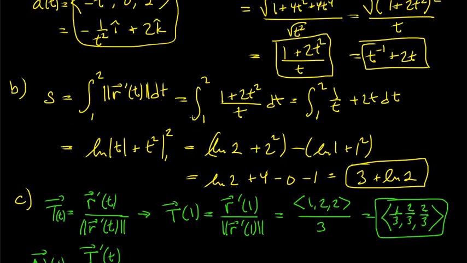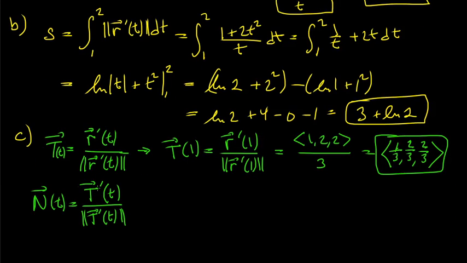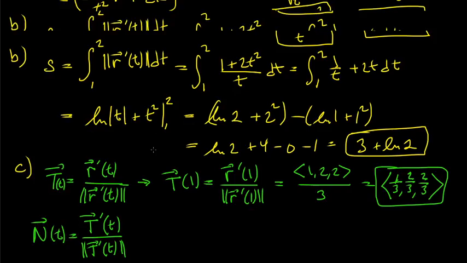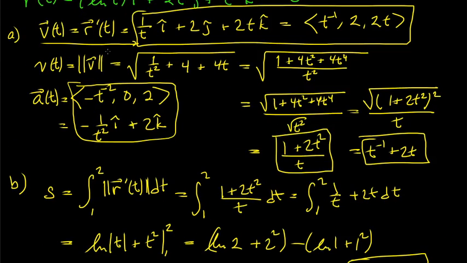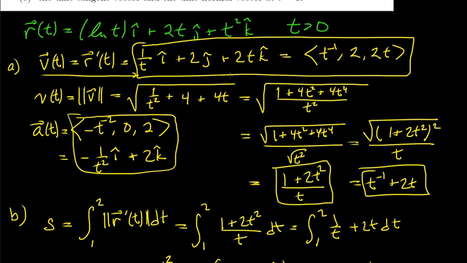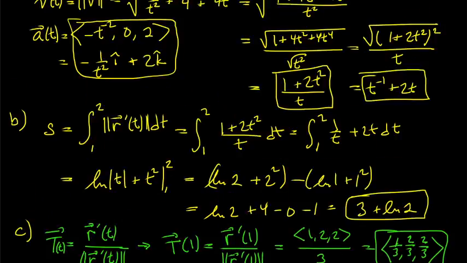So we have to find T as a function of time. To do that, let's go back to the vector r prime and just normalize it. Yeah, I probably should have done this already.